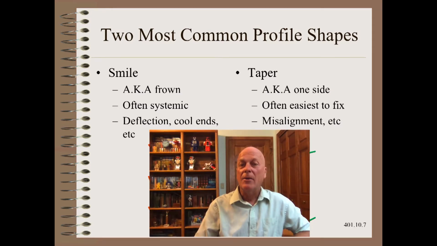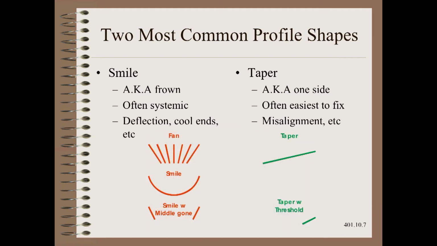The two most common profile shapes are smile-frown or taper. Note that how they actually appear on the web may vary slightly with the idealized shape. For example, a fan-shaped wrinkle profile is a smile-frown in disguise.